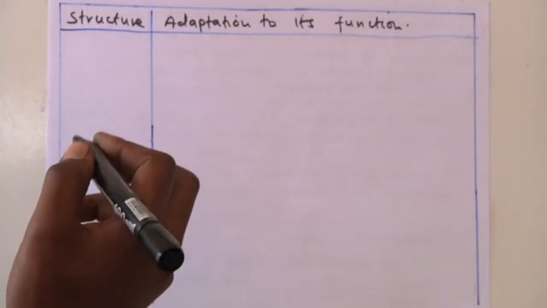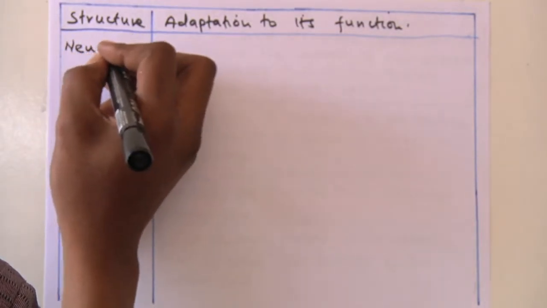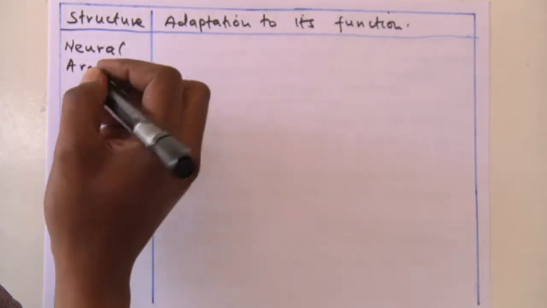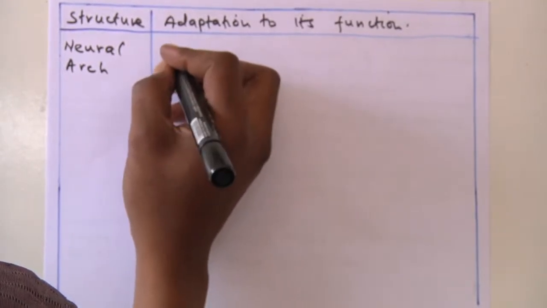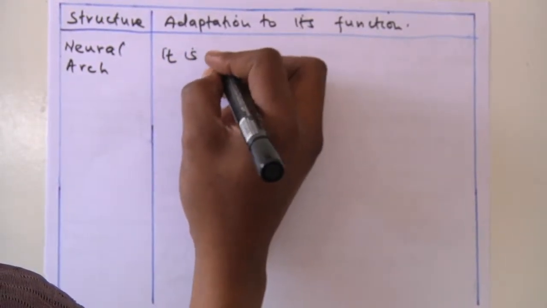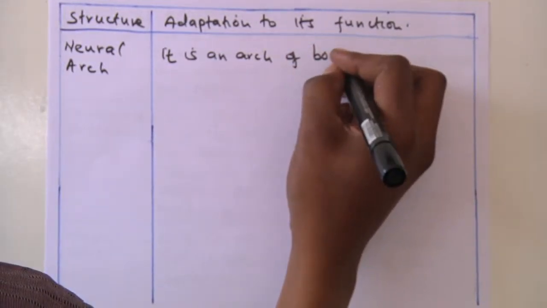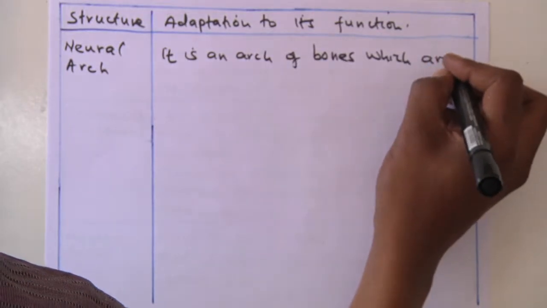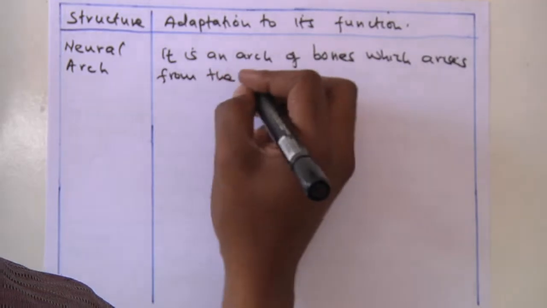The fourth structure is what we call the neural arc. And this neural arc, what is the importance? It's an arc of bones which arises from the centrum.